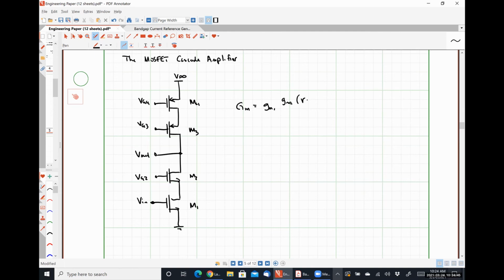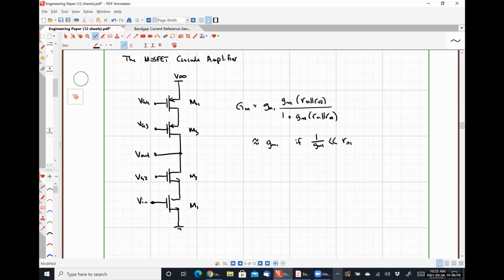GM2 multiplied by R01 in parallel with R02 divided by 1 plus GM2 R01 in parallel with R02, and this is approximately equal to GM1 if 1 over GM2 is much less than R01.